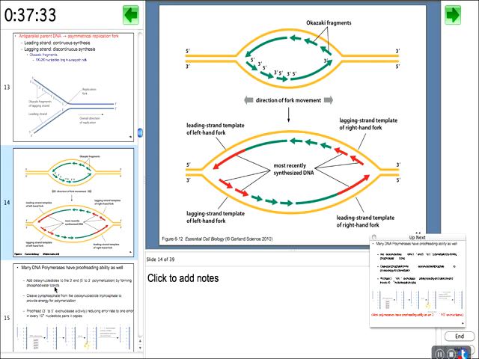That's what this is showing you. As replication moves away bidirectionally from that ORI, you wind up with replication happening on a leading strand. Parental DNA, here's 5', which means a new one is being made. You could label it here 5' to 3'. And on this side, it's happening 5' to 3'.